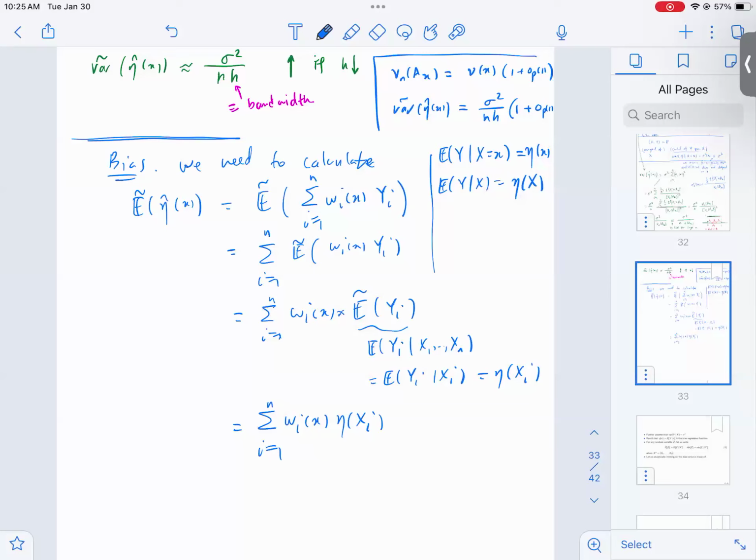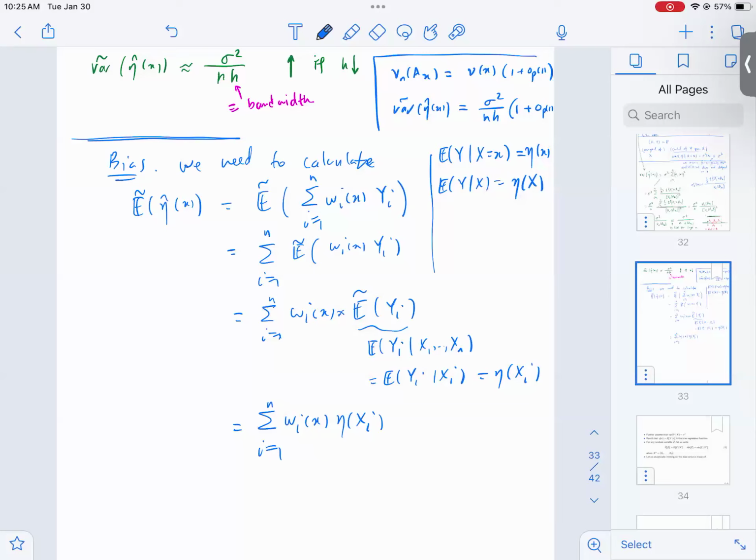So we're basically averaging the true function. You're averaging eta at the x_i's that have high weights. You really want eta at level x, but you're not going to get that. You're going to get the average of eta at x_i's that are nearby. And that produces the bias.